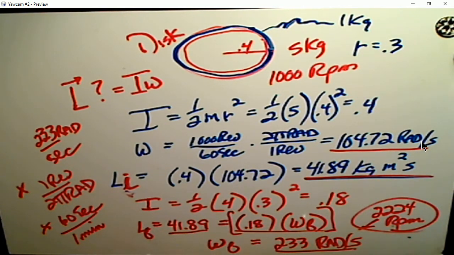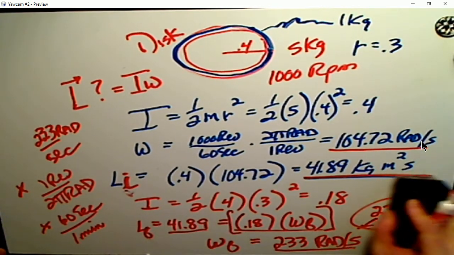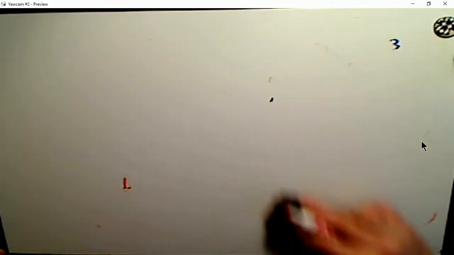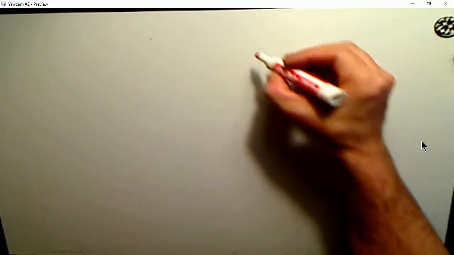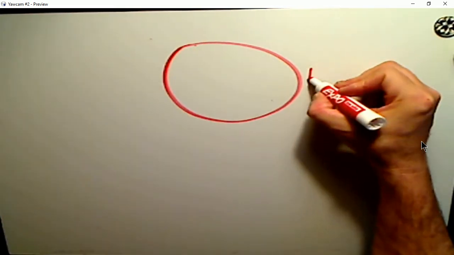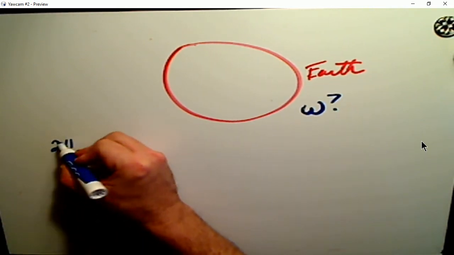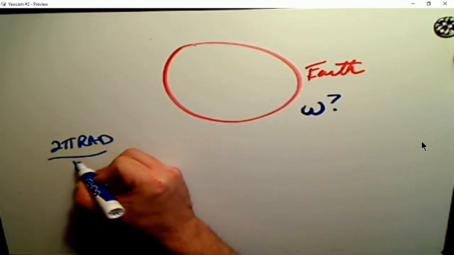Okay. Well, we could also look at just something like a rotating sphere. If we talk about a rotating sphere, say the Earth. Now, if we rotate the Earth, we know its omega, right? It's 2 pi rad for every 1 revolution.